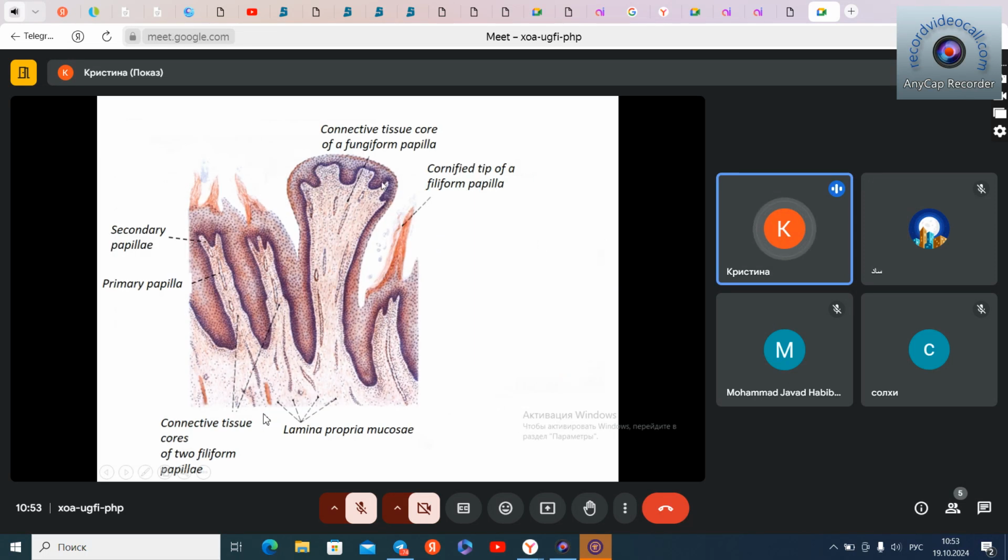Another example of the fungiform and filiform papillae. Fungiform are somewhat elevated upon the surface of the tongue, so we can see them.